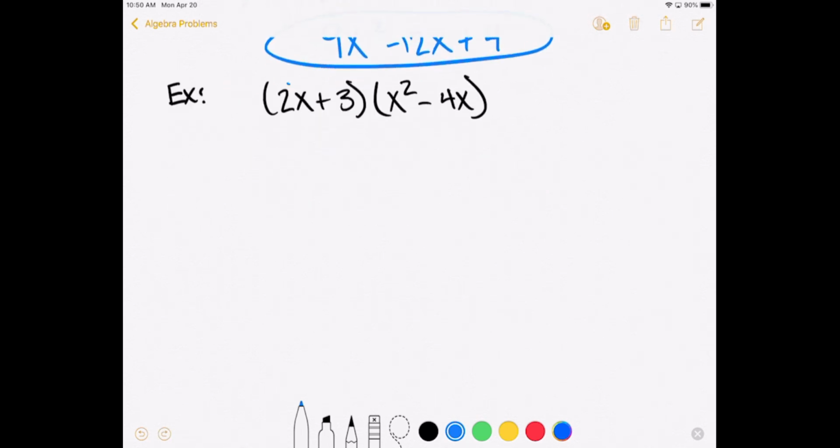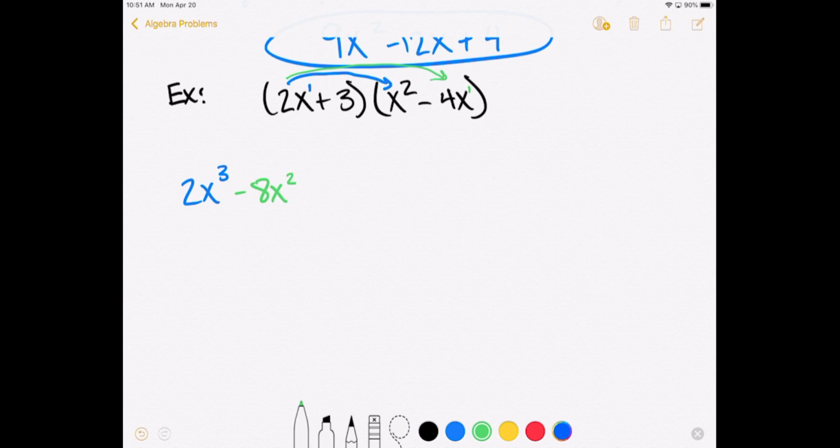So first would be 2x times x squared. In this case, it's 2x cubed, since I have an x to the first and an x squared, 2 plus 1 is 3. Add the powers when you multiply. Outside is 2x times -4x. So 2 times -4 is -8. But I have an x times an x, so that gets me x squared.